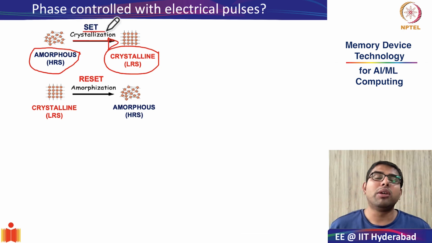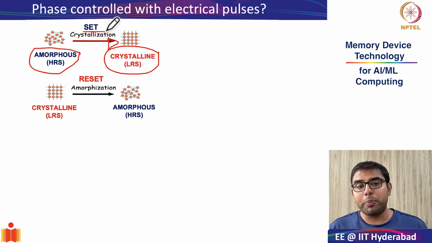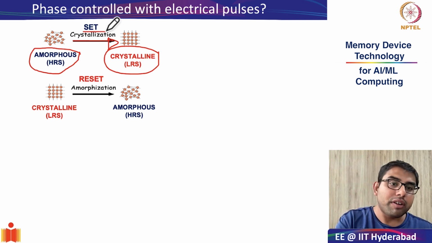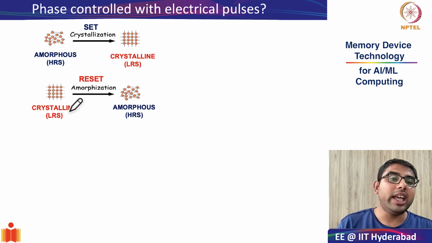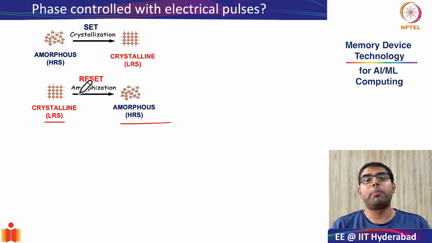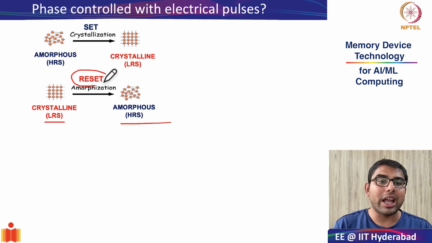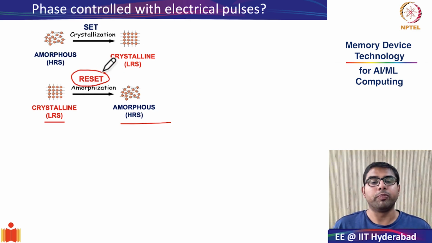This is called set because, as we defined in our previous class, the transition from HRS to LRS is set. Quite the opposite is the change from crystalline material to amorphous material. So this amorphization process is known as the reset process. Okay, so how does this happen?